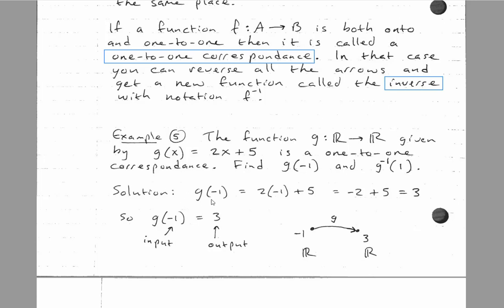Okay, so what is g(-1)? If you give g the input negative 1, it just means you're substituting negative 1 for x. So it's 2 times negative 1 plus 5. That's negative 2 plus 5, 3.